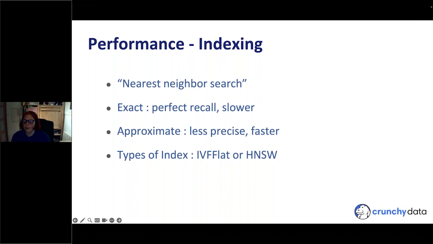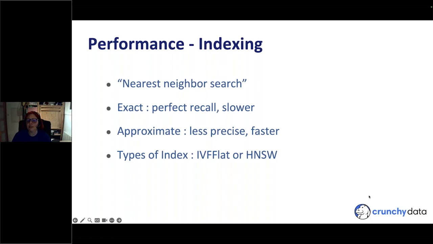So that could be a surprise if that's not what you're expecting, because obviously we're not used to adding an index and suddenly getting different results. But in this type of application, usually that doesn't matter. Usually you don't need an exact result. Usually an approximation is good enough.